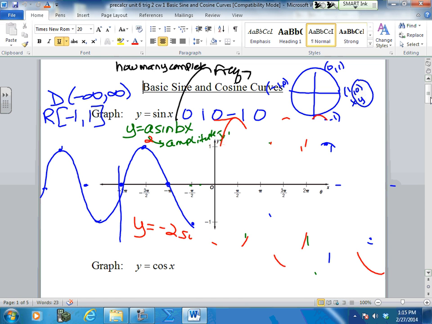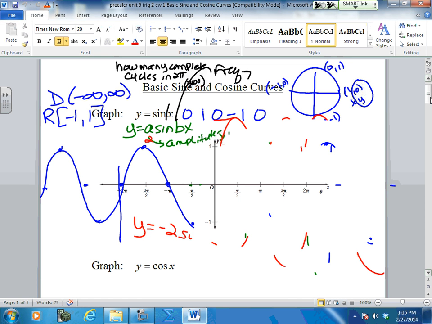That's frequency. In 2 pi. How many degrees in 2 pi? 360. So isn't 360 our unit circle? So on our normal sine curve, how many full cycles do we make in 360? 1. That's where this 1 comes from, right there.